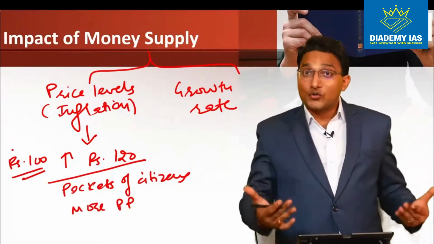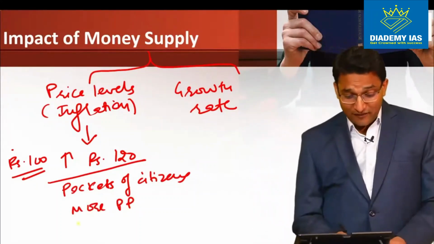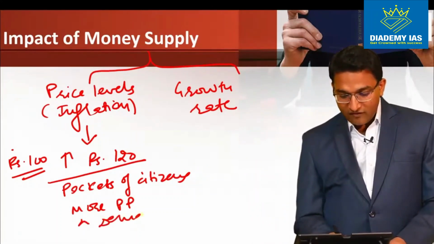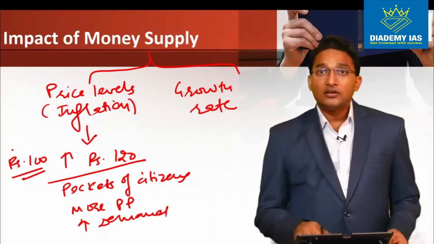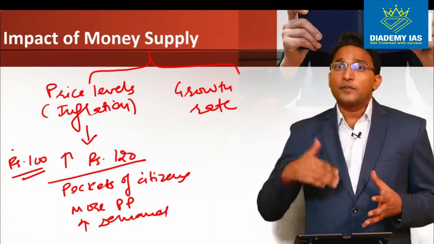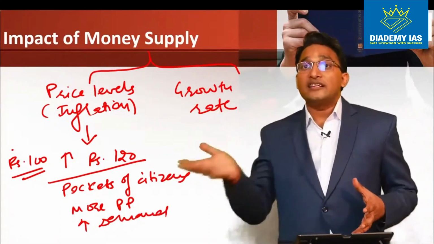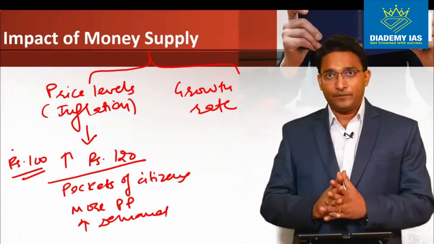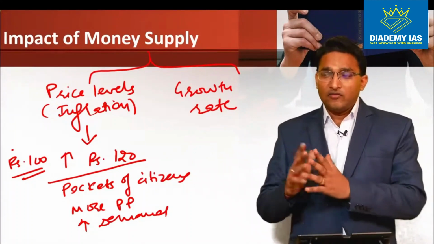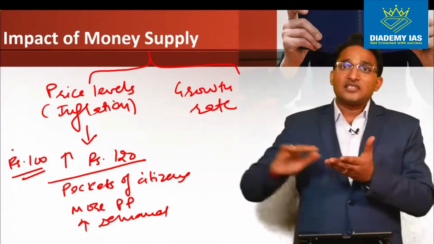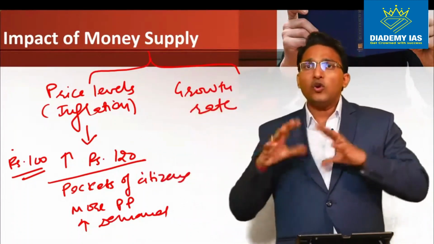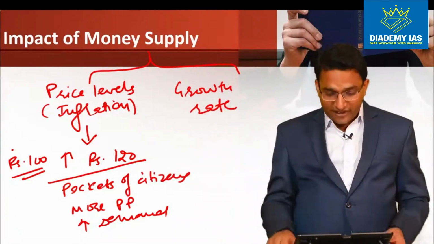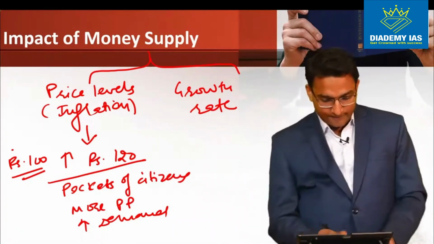Now they can demand more goods. And when they demand more goods, the supply is not automatically increased. So when demand is increased but supply remains constant, automatically the prices will increase.